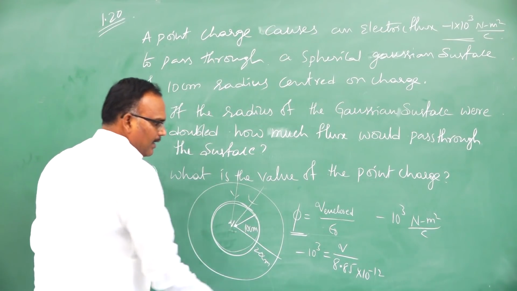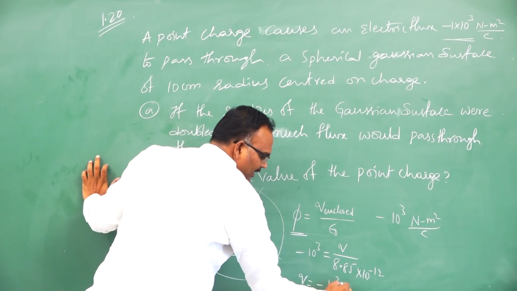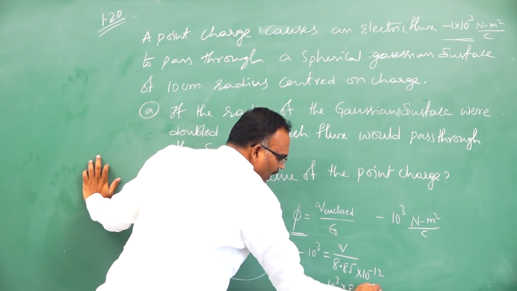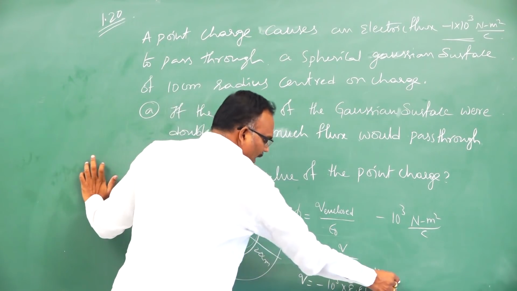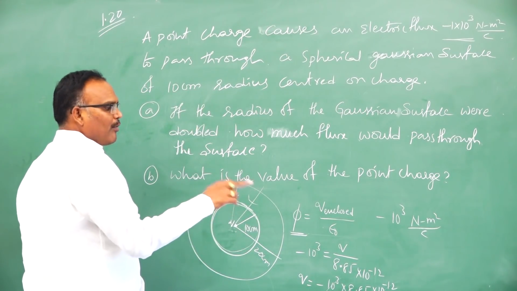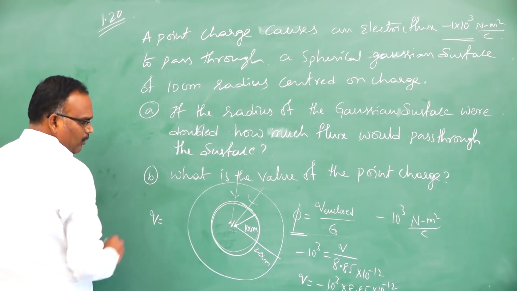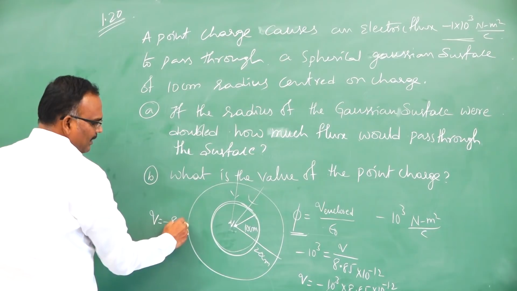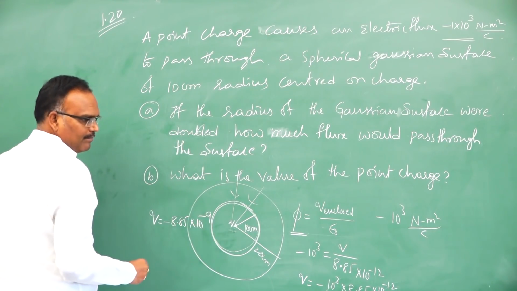So charge Q is equal to minus 10 power 3 into 8.85 into 10 to the power of minus 12. See, this minus 12 cancels with this plus 3, giving 10 to the power of minus 9. So the charge Q is equal to minus 8.85 into 10 to the power of minus 9.